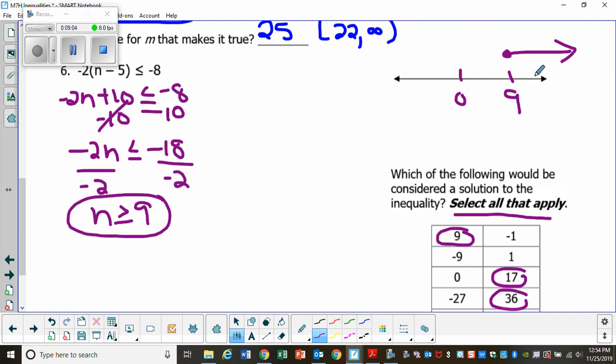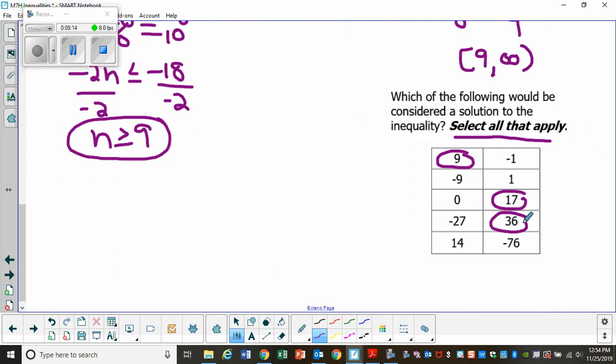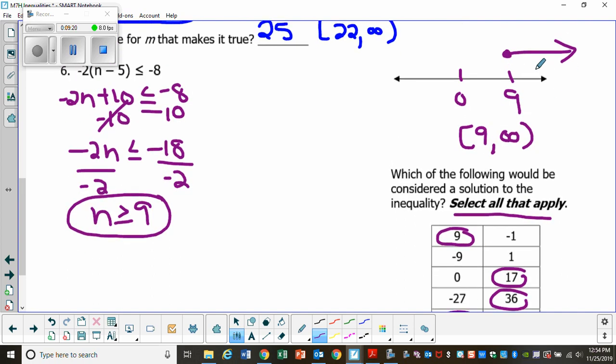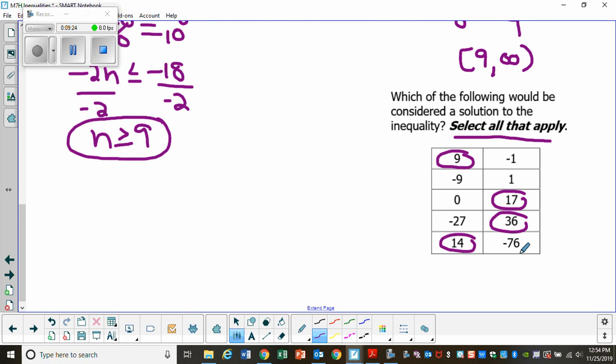If we think about interval notation here, remember it's 9 included to positive infinity. Oh, did I miss some down here? Oh yeah, looks like we also need to circle 14 because 14 is in that shaded area and it's greater than 9. However, negative 76 isn't. So the correct answers are 9, 17, 36, and 14.